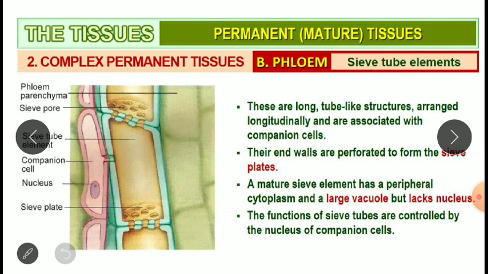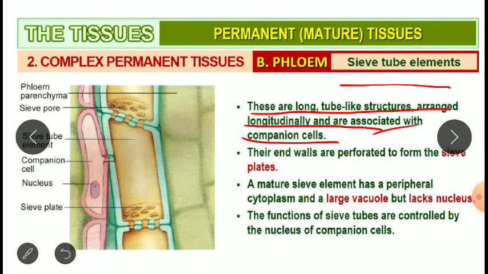So first one, the sieve tube elements. What are these sieve tube elements? These are long tube-like structures arranged longitudinally and are associated with companion cells. So they are in close association with the companion cells. These are your companion cells, and associated with them, these are your sieve tubes.